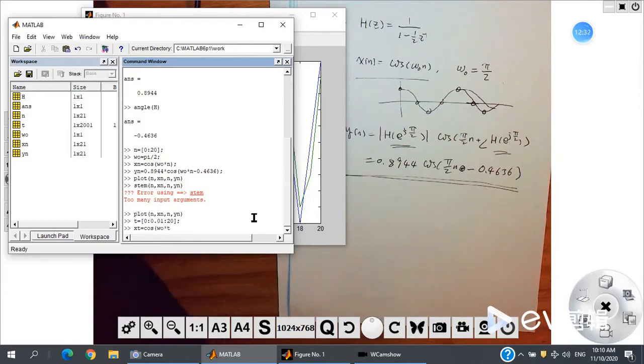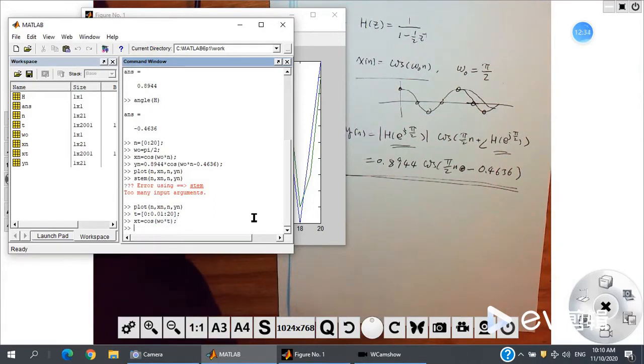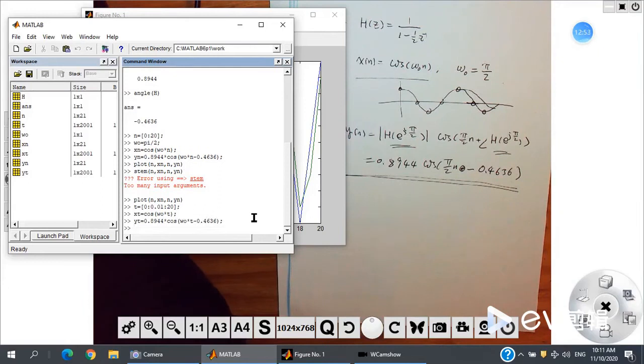So this is a continuous time signal. And y of t is also a continuous time signal. Here's y of n, and make some change here. This is y of t equal to the magnitude times cosine of omega 0 t with the phase the same. Okay, this is x of t.